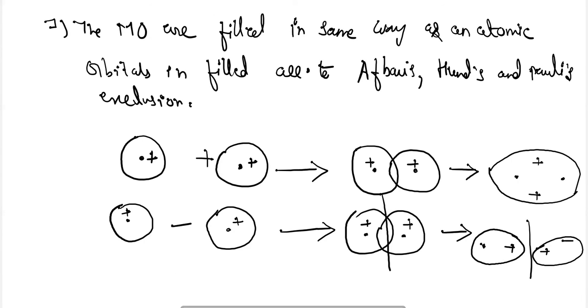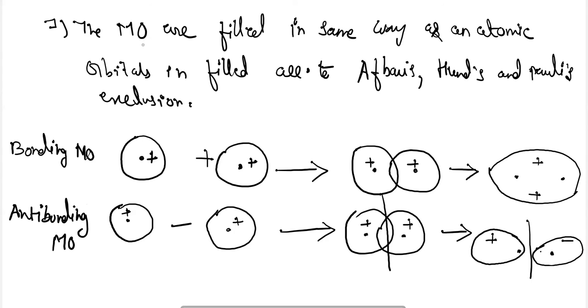One negative and one positive will be there. So this is the structure for the formation of the bonding molecular orbital, and this is the anti-bonding molecular orbital, which has higher energy.